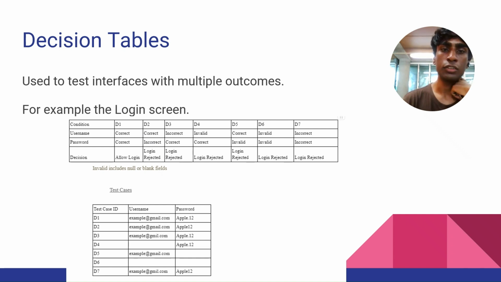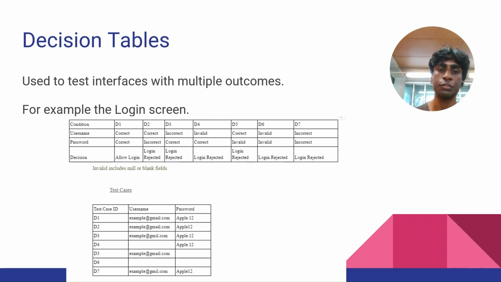To further elaborate on decision tables, for the first interface, as seen here, the login screen, we looked at the conditions, or you could think of them as variables, and all the possible combination values for them. For example, for a password, you can have a correct password, a wrong password, or it could be invalid.